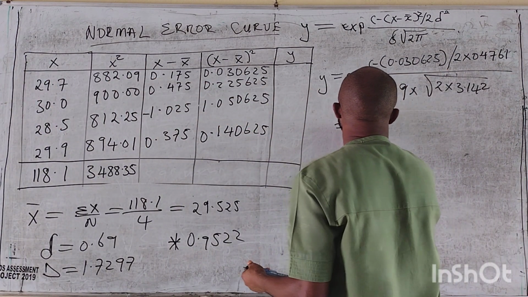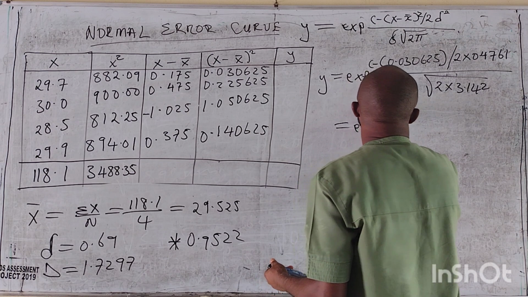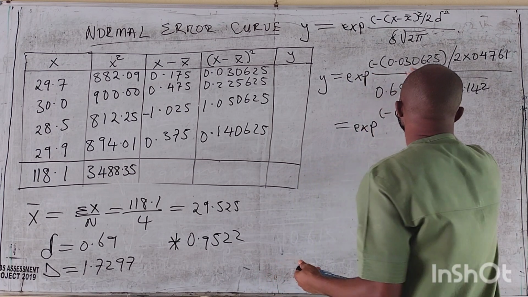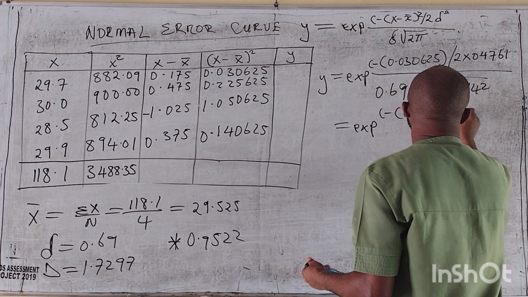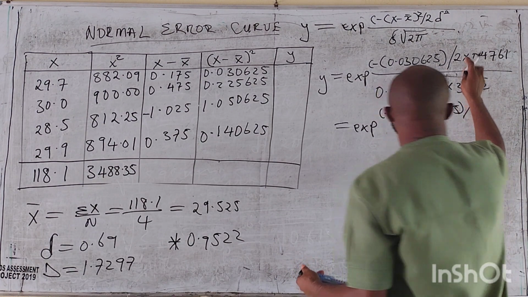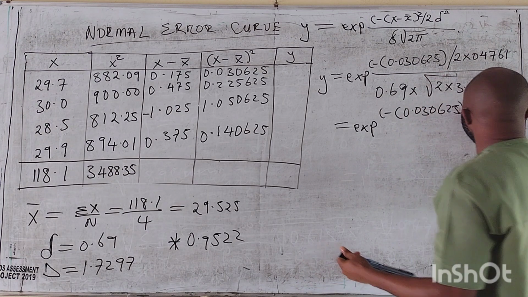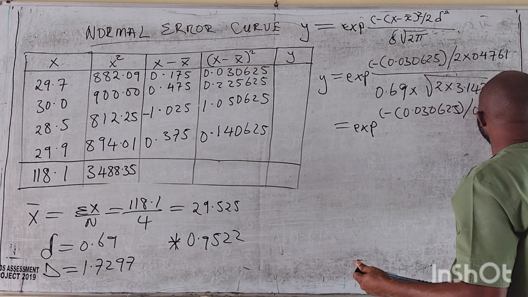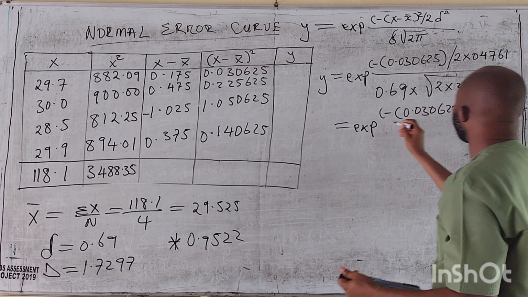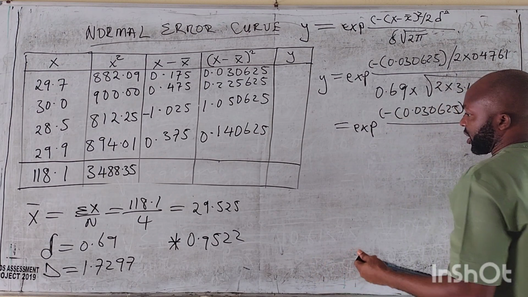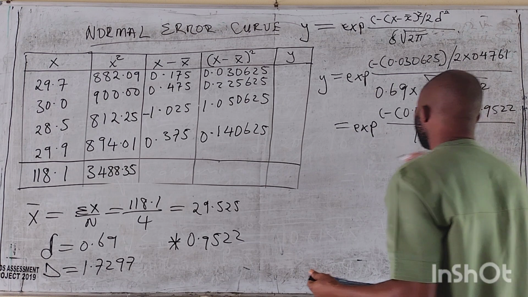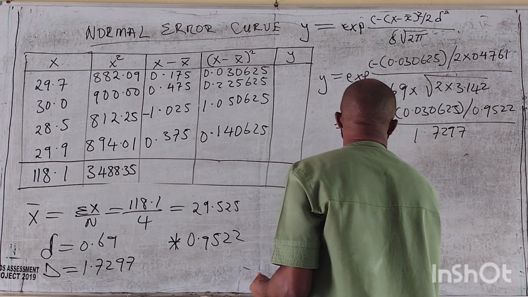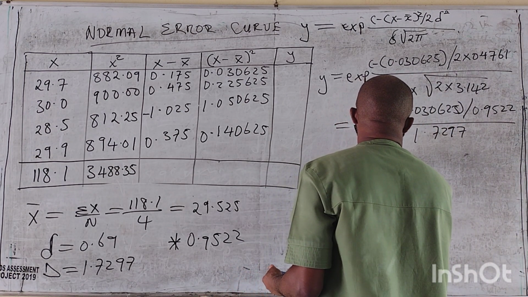I have my exponential here, raised to the power minus 0.030625 divided by 0.9522, all over the downside, which is 1.7297.